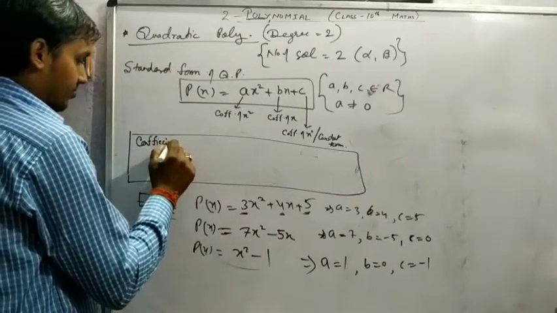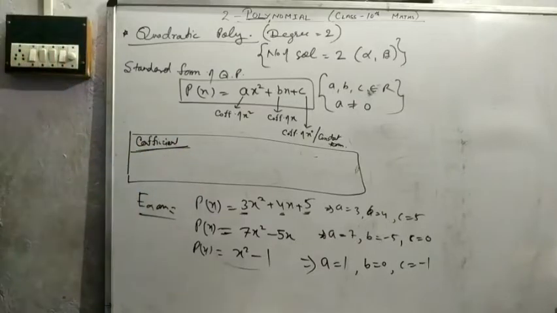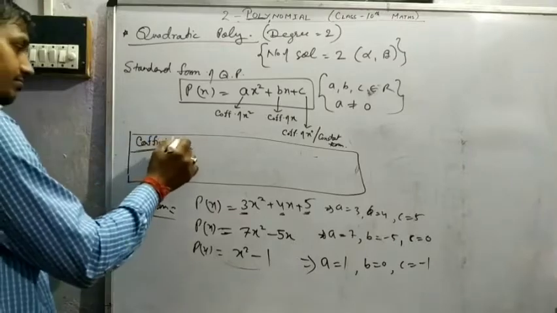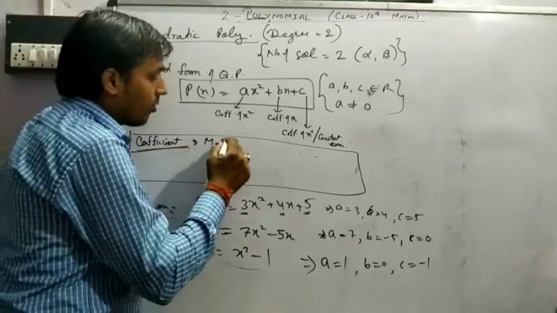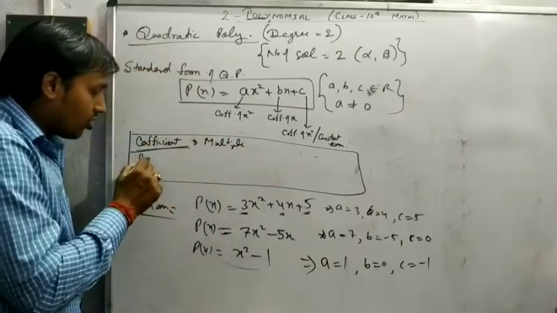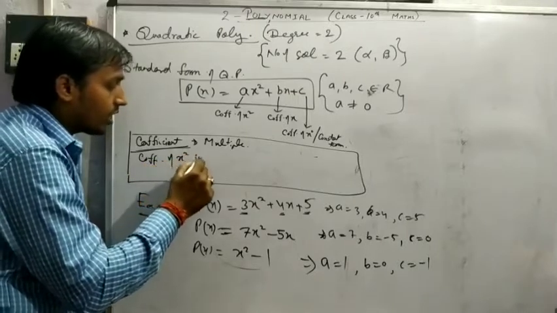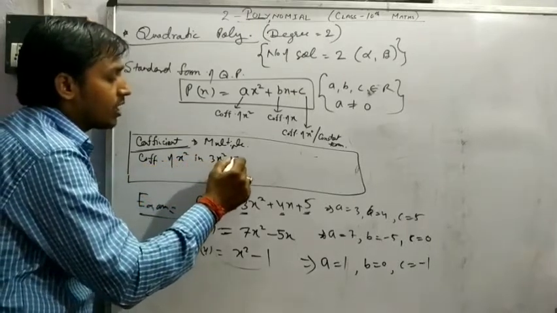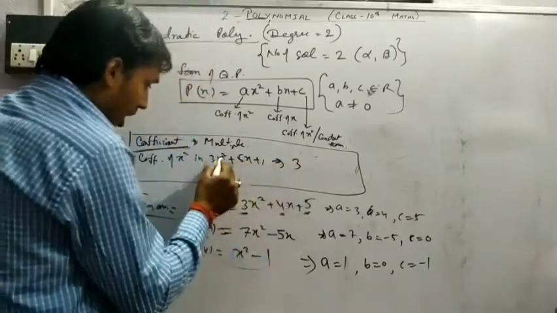So I think you remember what a coefficient is. Coefficient means multiple. If I write the coefficient of x square in 3x square plus 5x plus 1, that means 3. What is multiplied with x square?